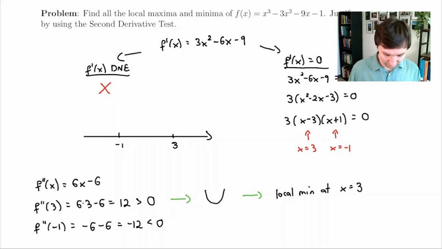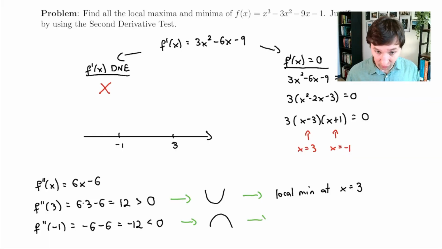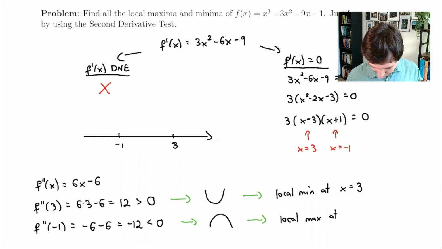Because at -1 the second derivative was negative, this suggests that the function is concave down. And because the function is concave down near -1, this means that we get a local max at x equal to -1.